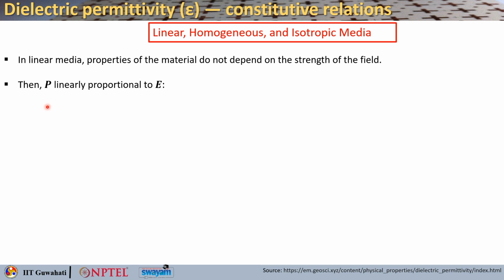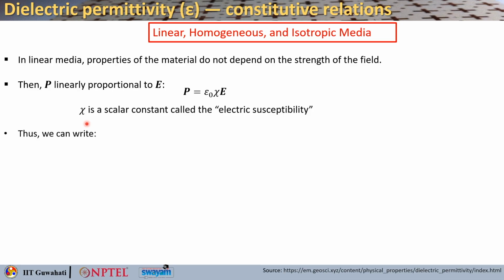Okay, so you can see that there the polarization is basically linearly proportional to the electric field. So P equals epsilon naught chi E. Okay, that's also you can write that. So chi is called the electric susceptibility.